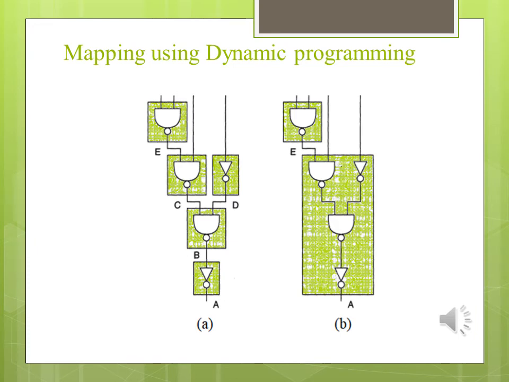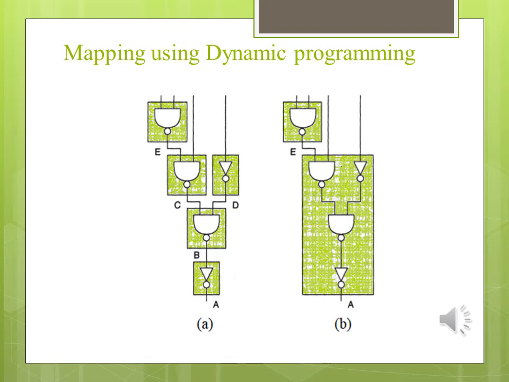Mapping using dynamic programming. In figure A, the only library element matching at node E is the NAND2 and the cost of the optimal circuit implementing node E is therefore 3. At node C, the only matching library element is also NAND2.